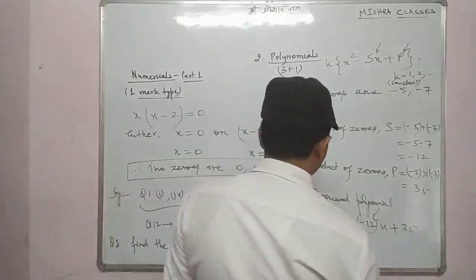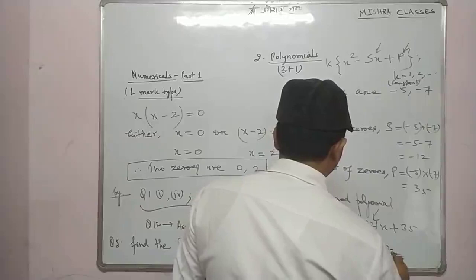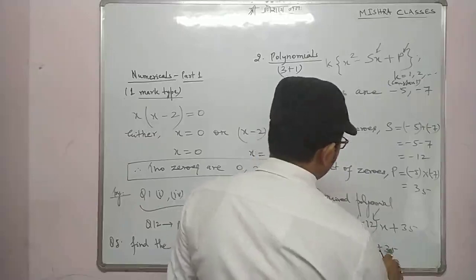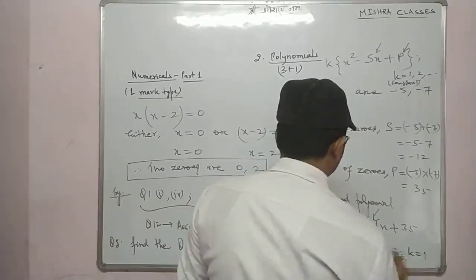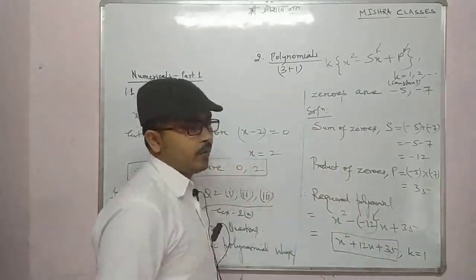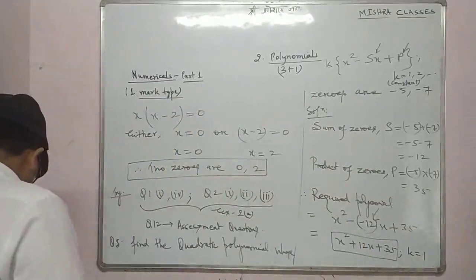So how can we write? x square plus 12x plus 35. Nothing is there in the front. So what can we say? We can say that k equal to 1 here. Is it clear? So this is the required polynomial. Is it clear? That was your question number 5.